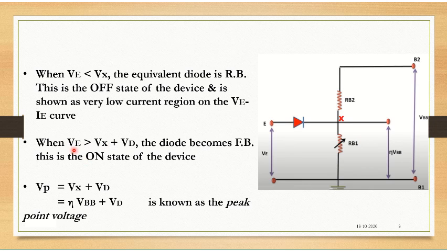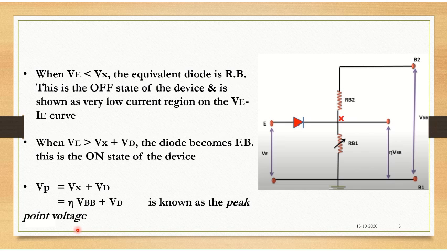So if the applied voltage at the emitter terminal is more than Vx plus the drop across the diode, then the diode will be forward biased, because the potential at the anode should be greater than the cathode. Then the diode will be forward biased, allowing the emitter current to flow. And that is when we say that the UJT is in on condition. This potential VE, we call it VP, which is called the peak point voltage.